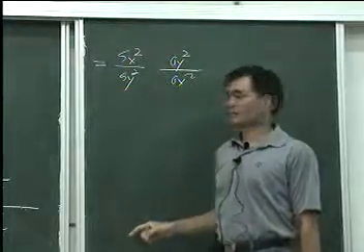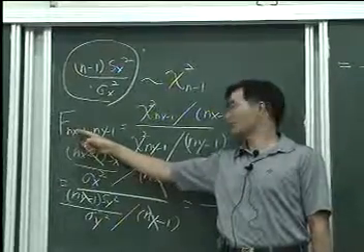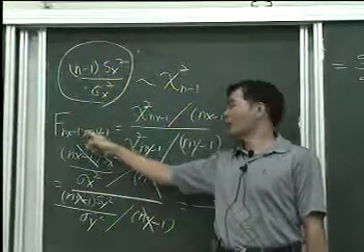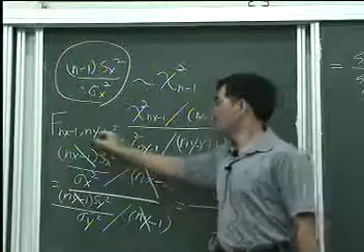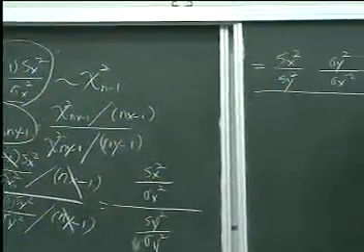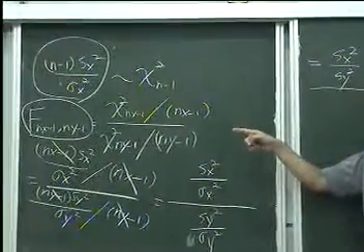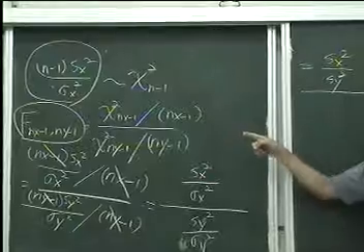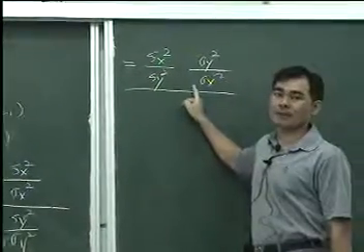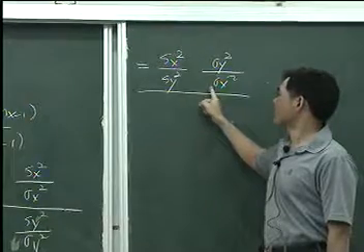So basically, if you know F distribution with degrees of freedom nx minus 1 and ny minus 1, it can be simplified to this form, okay? This is what you get for the F distribution.